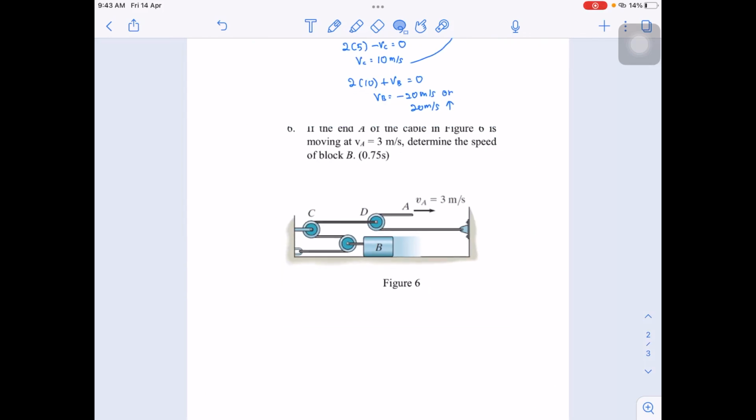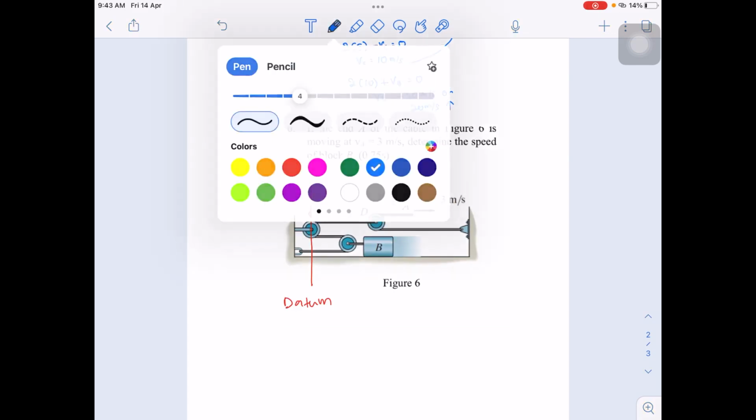Okay, for this question, you can draw datum. First, draw the datum from the fixed pulley. This is our datum. Alright, and we label the distance.